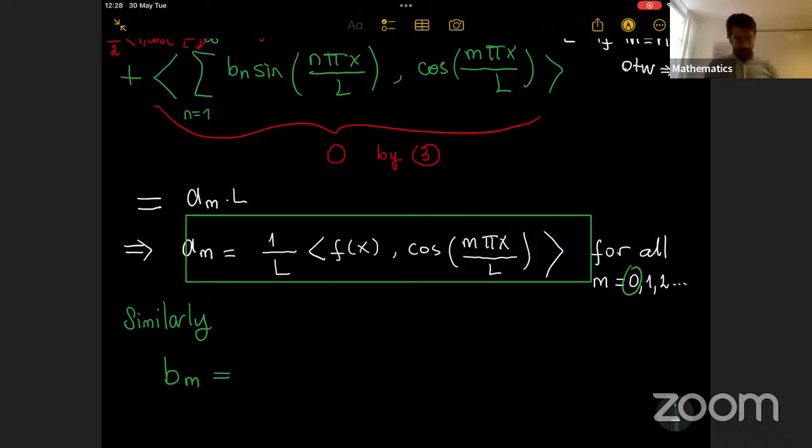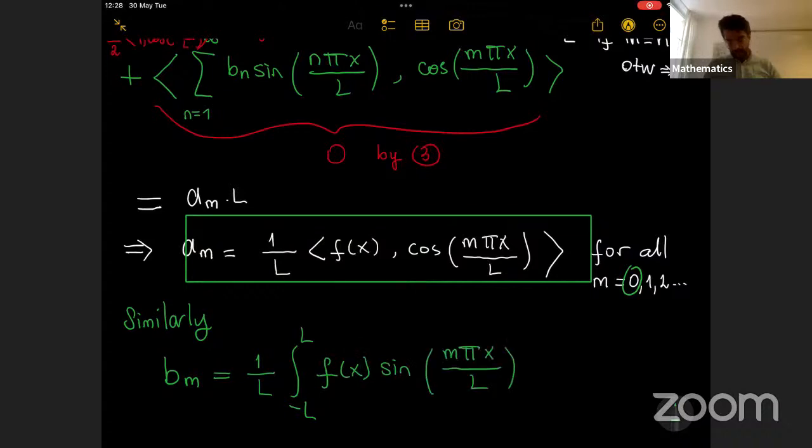You will get 1 over L, integral from minus L to L. Remember, 2L is the period of the function. f of x sine m pi x over L dx.